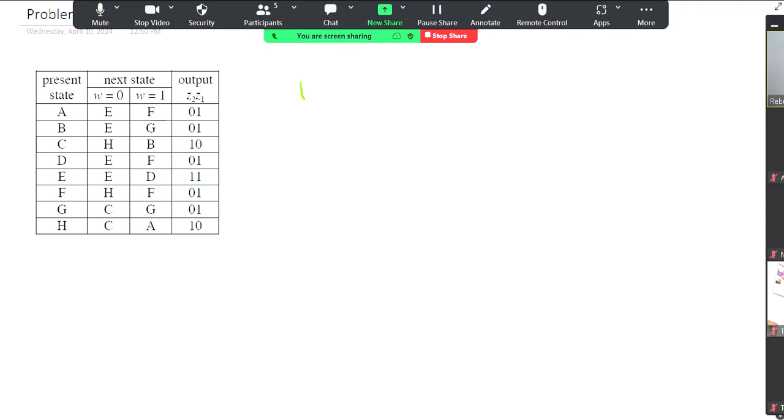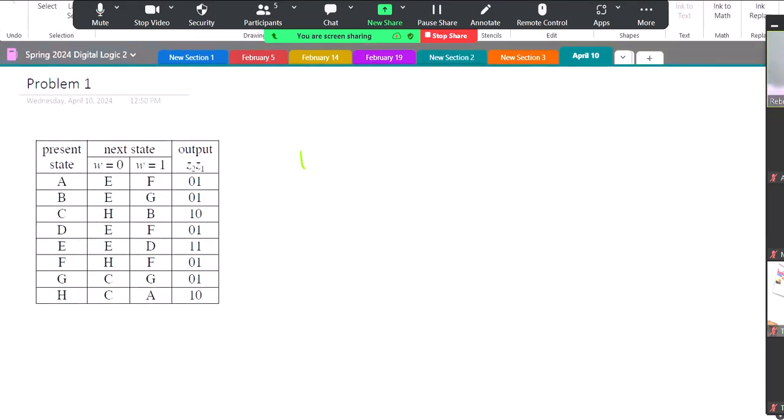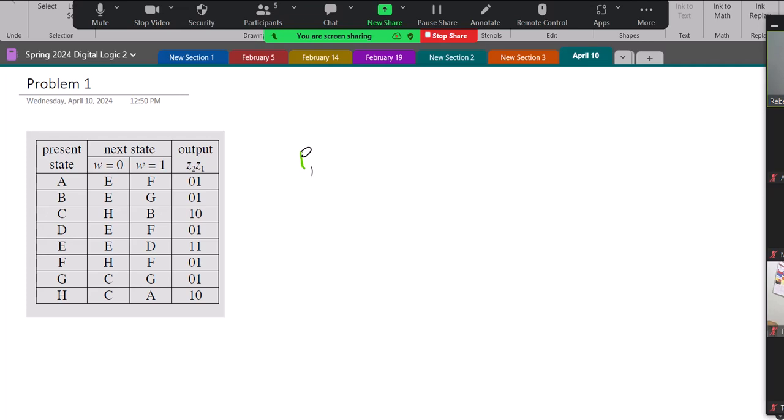So P1, our first partition, is going to be all of our states. So we put them all in there: A, B, C, D, E, F, G, H.